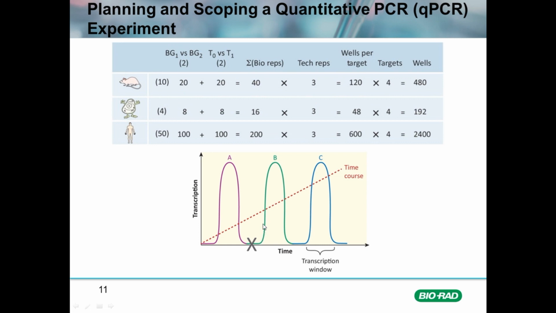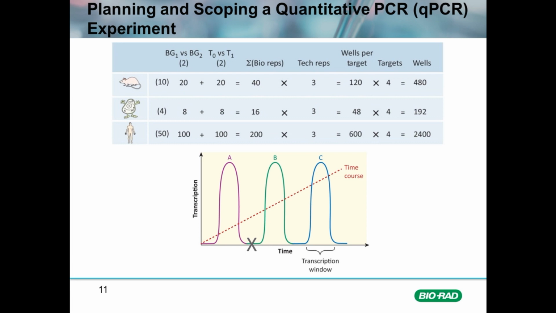Gene B, as we see here, transcribes a little later in time after the initial treatment and then regulates, and gene C even later. So many labs choose a randomly derived time point to harvest cells or tissue.